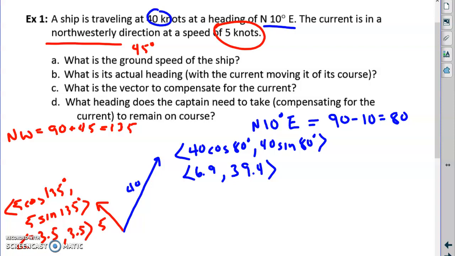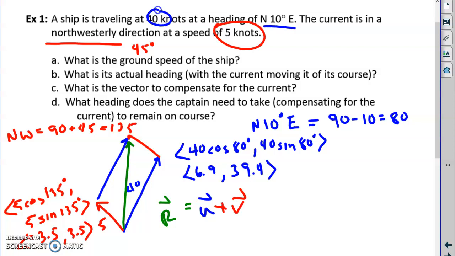We now got to find a resultant. Use that good old parallelogram method. Copy red, copy blue, resultant in green. R equals u plus v, which is 6.9 plus -3.5, 3.4, and 39.4 plus 3.5, 42.9.